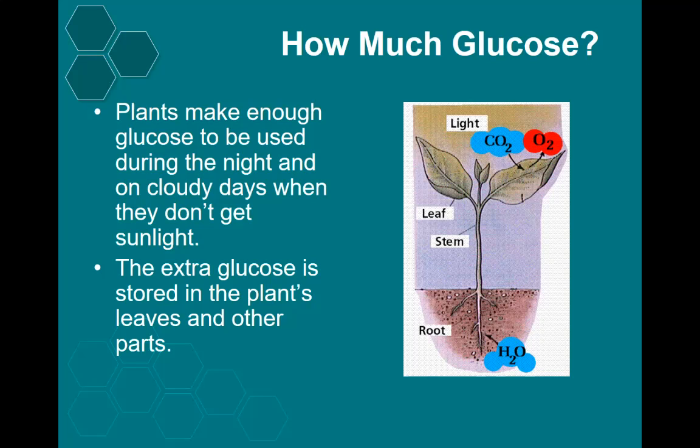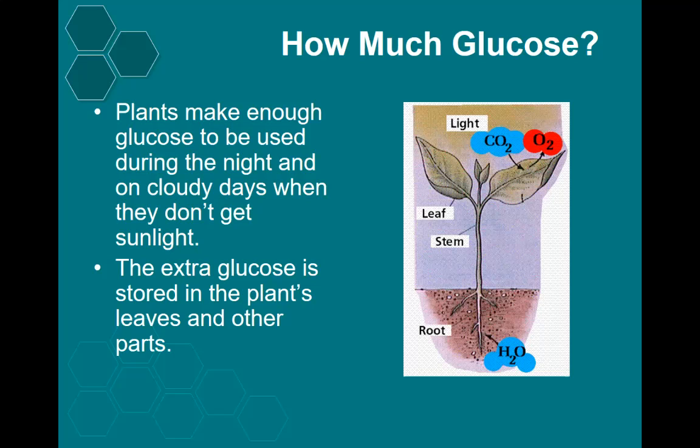The extra glucose is stored in the plant's leaves and other parts. The tissues of the plant itself are made up of starches that are converted through polymerization. If you remember our macromolecules, those sugars are bound together to create starches, cellulose, these key carbohydrates that make up the actual structures of the plant.